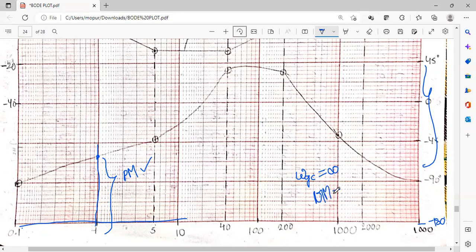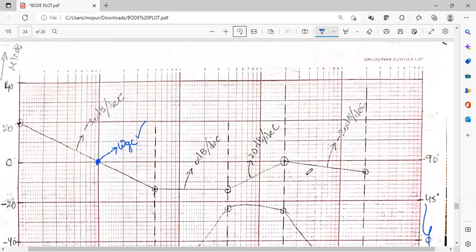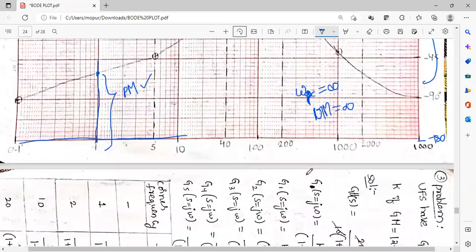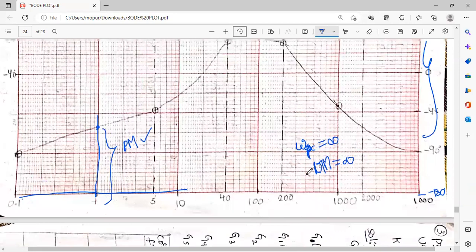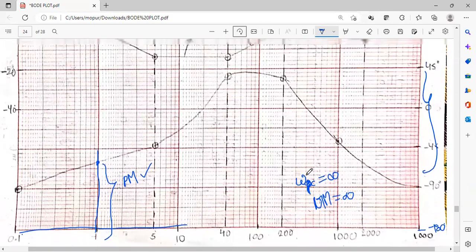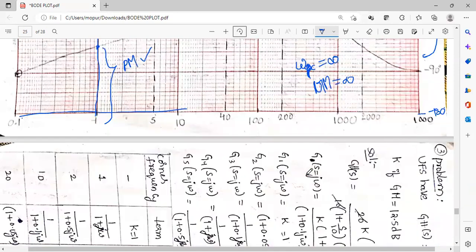So we cannot find the phase crossover frequency and gain margin if the phase angle plot does not coincide with minus 180. Similarly, when the magnitude plot does not coincide with 0 dB, you will not get the phase margin and gain crossover frequency.